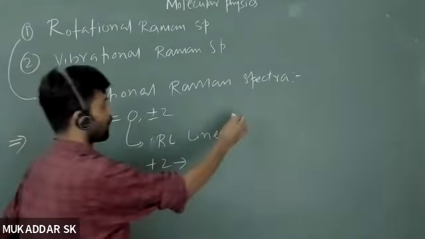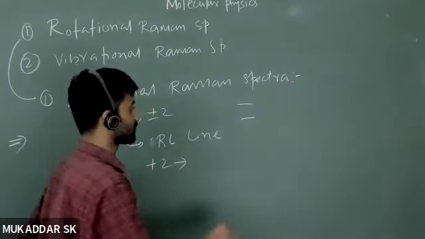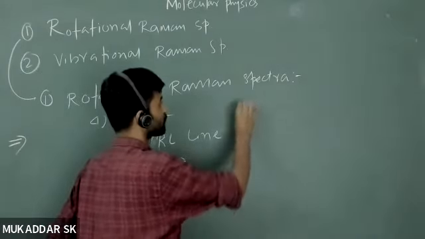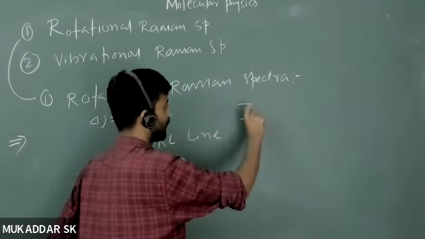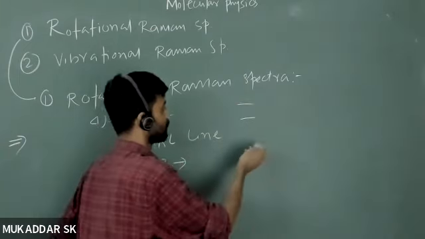Because you see, there are two levels I have considered. So atoms in the ground state are going to the higher state, and when it is coming back to here, this is what is happening. Listen to what I am saying.